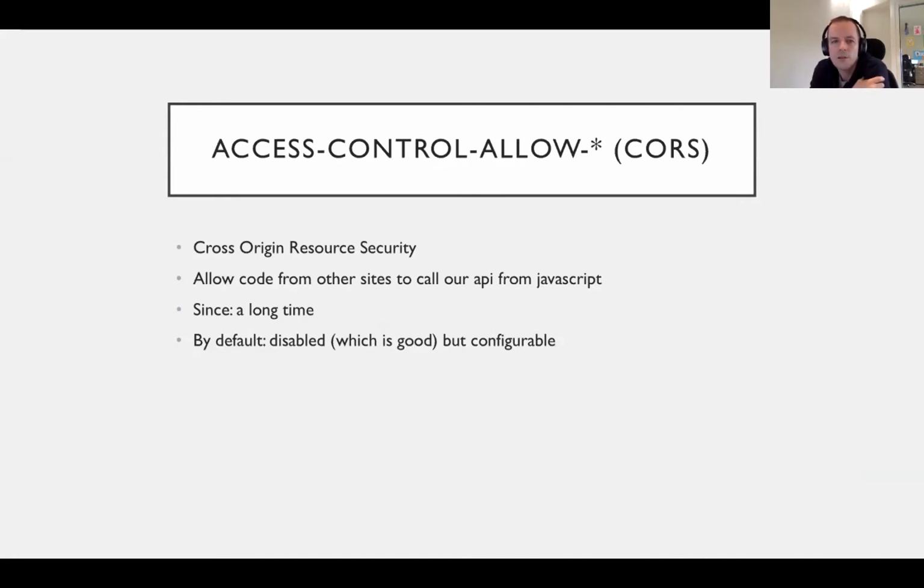The CORS one, once again, we've had for a long time. Most people will have come across it because it impacts us in dev mode, so you're probably well aware of it. For those who don't know, it tells the browser how much it will allow code from other sites to interact with our API or our site itself from JavaScript.